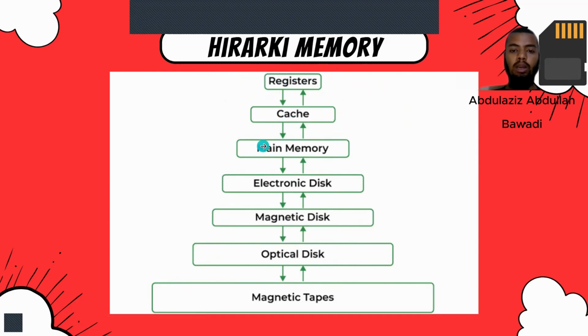After that, we have the main memory. Main memory talks about the RAM and the ROM, the read only memory and random access memory. After that, we have electronic disk. Electronic disk also talks about the main memory, with the RAM and the ROM.